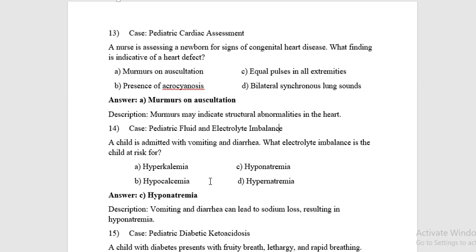B, hypokalemia. C, hyponatremia. D, hypernatremia. The answer is choice C, hyponatremia. Vomiting and diarrhea can lead to sodium losses, resulting in hyponatremia.